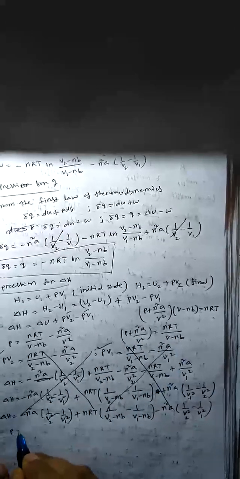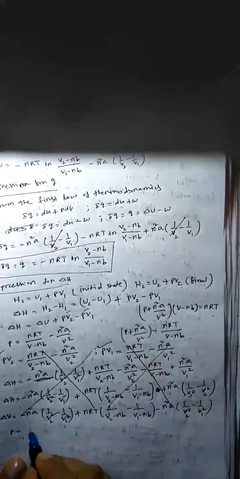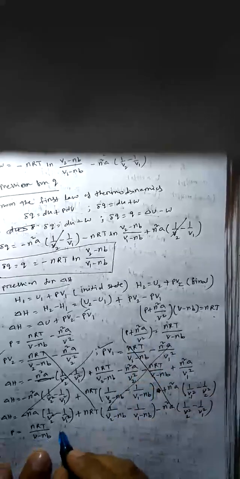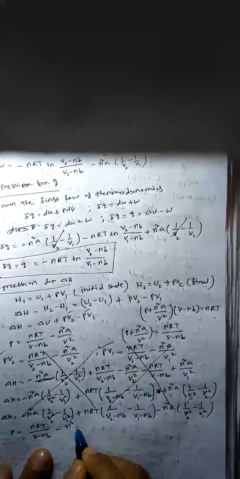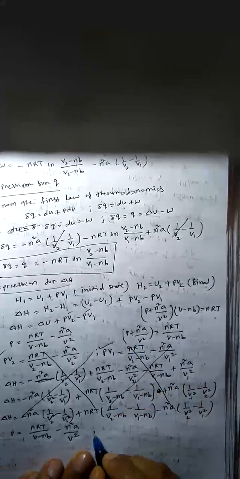Your P becomes, take this one to this side, nRT divided by V minus nb, minus n square a by V square. This is equal to P. Now we have to what? Now suppose you take PV.